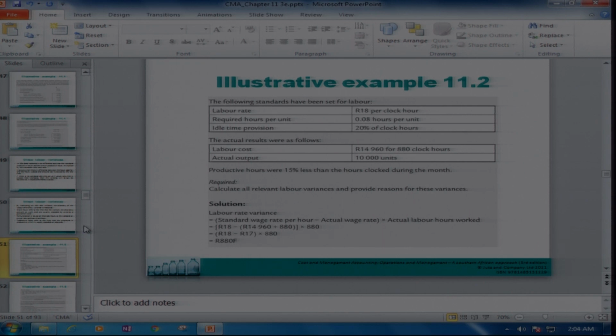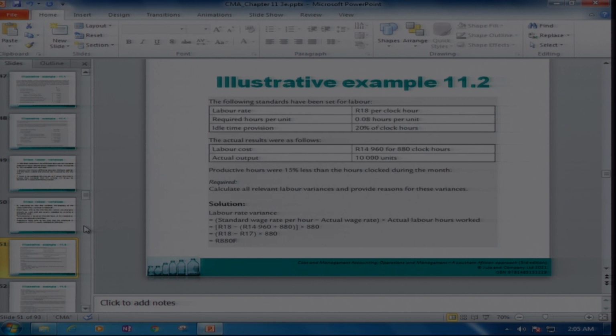The actual rate, we need to calculate it because in this question, we have been given the total labor cost and the hours. So how are we going to calculate that? We'll take the labor cost of 14,960 and divide it by 880 hours. So 14,960 divided by 880 will then give you a rate of 17 rand.